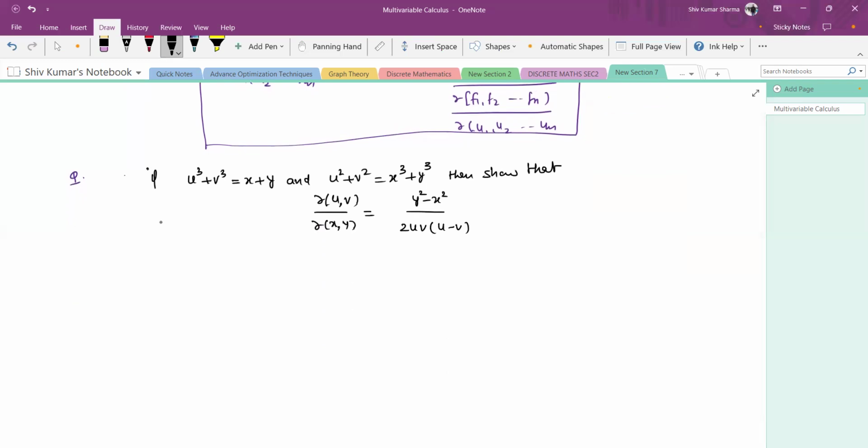Okay, so here we make two functions because two relations are given.